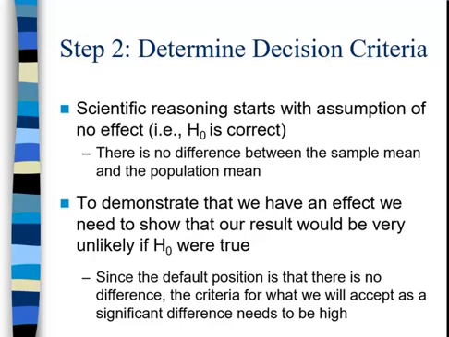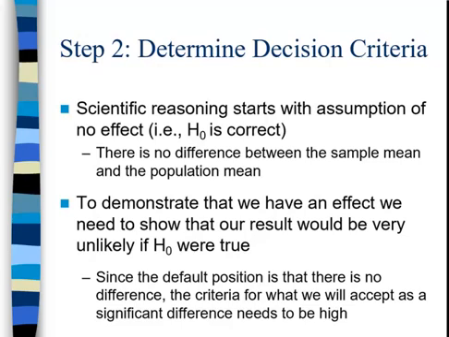And if it does occur, that must mean that the null is incorrect, especially if it hits our criteria, meaning it's an unlikely sample under the assumption that the null is true. Since the default position is that there's no difference between our sample mean and our population mean, the criteria for which we will accept as a significant difference needs to be quite high. And this is where probability comes into play.